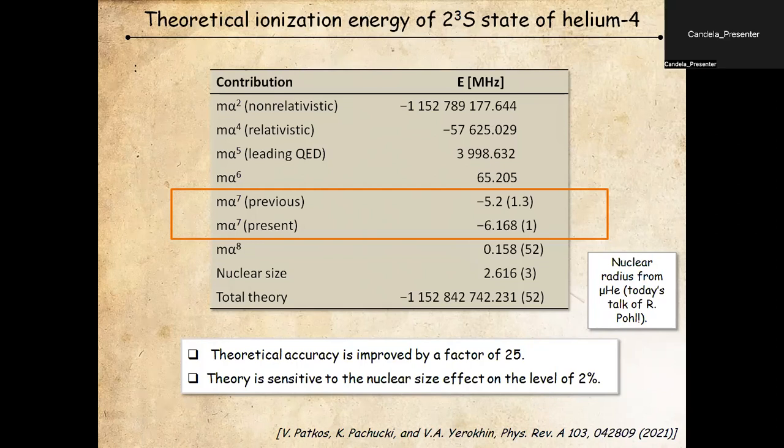So the question is about the hydrogen molecule. This is more a question to Krzysztof, because there are different people for different systems. Once we resolve this discrepancy, we go to the hydrogen molecule. There will be a next talk about this discrepancy, because they really indicate that we have a discrepancy.